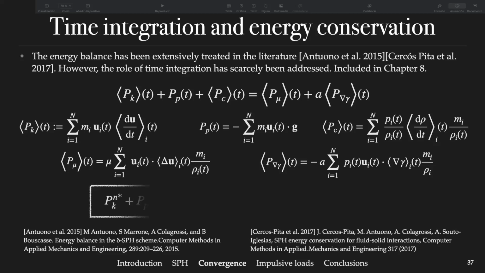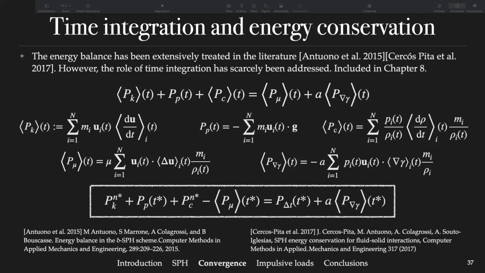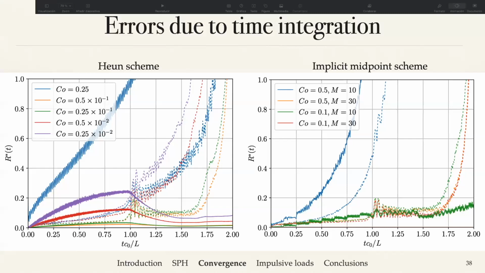So what we see is that when going to the discrete scheme, some of these quantities cannot be computed in the same way. So we have to define discrete versions of these powers, and this introduces an error term here, which takes into account the error due to the time discretization. This obviously should depend on the scheme that is used to integrate in time.